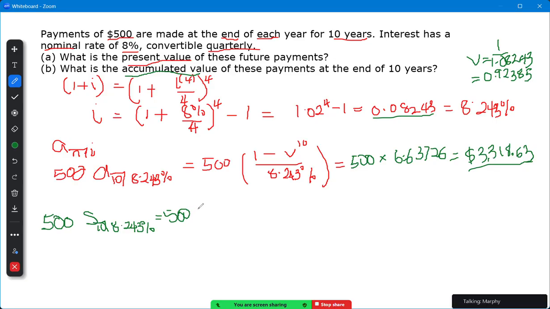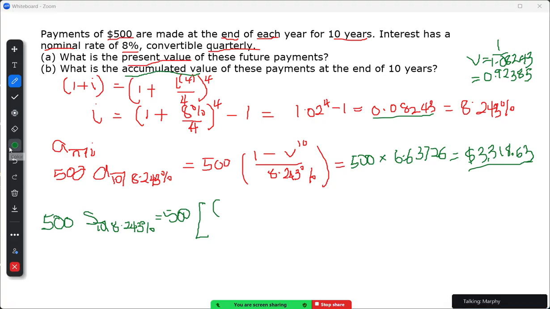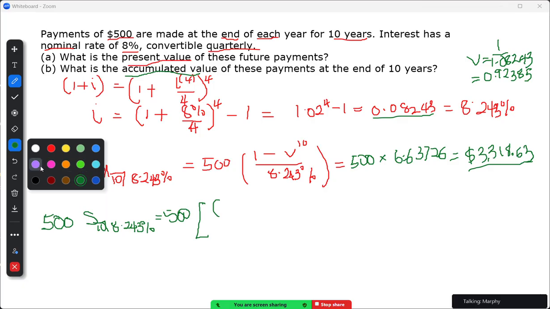Yeah, we can have this way to say, I'm going to put it like this, and I have 1 plus I, which of course, let me put that somewhere with a different color. I think purple should do.